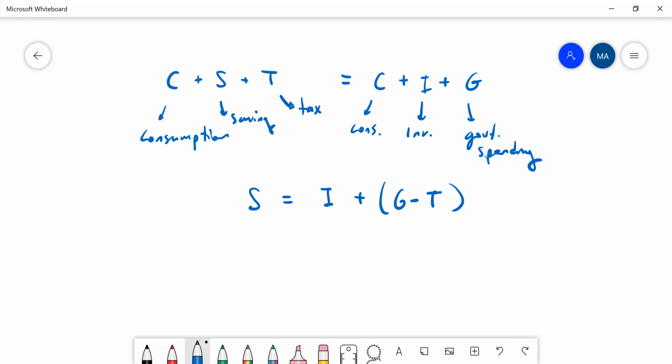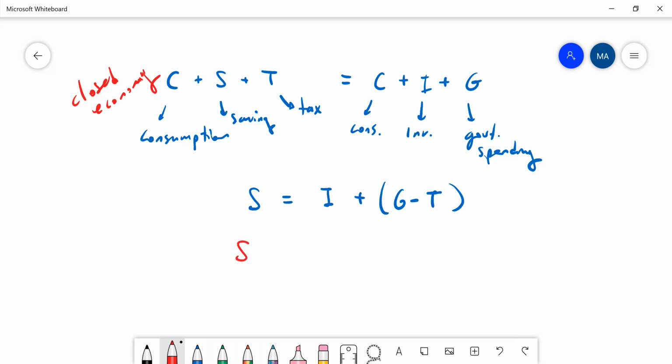If the government wants to spend more than the tax, then this must be covered by the savings. All right. So in our framework, of course, this is for a closed economy.